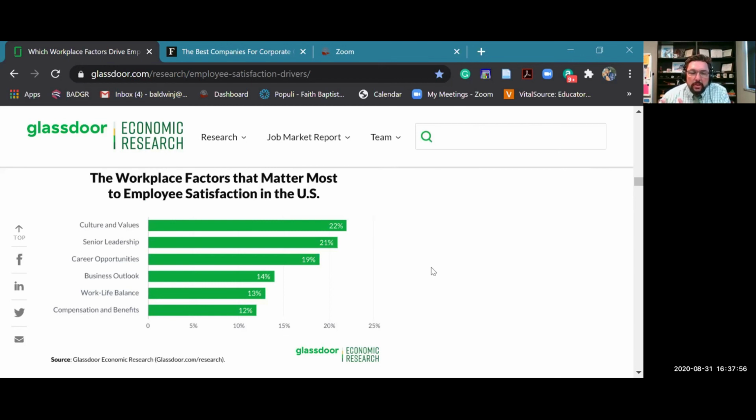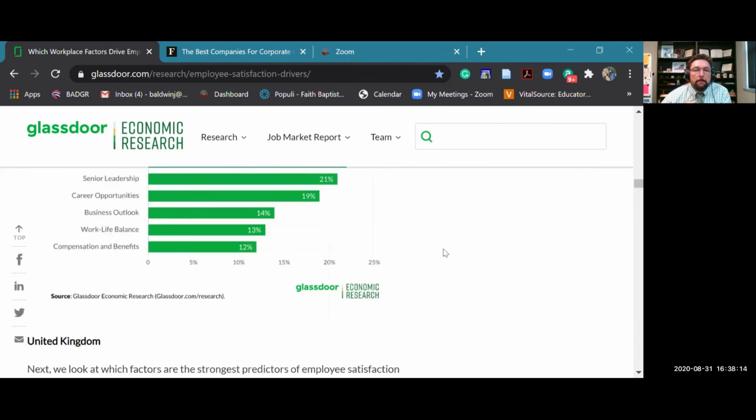It could be that they're selling Cadillacs, but to work there, they want to value what Cadillac values. If they are working for an orphanage, they want to value what the orphanage values. Compensation and benefits, although it's not that it's not an issue, people want to make money, it's just compared to the other issues, it was the least of the issues.